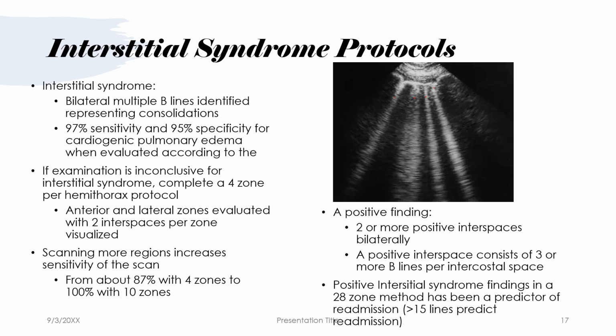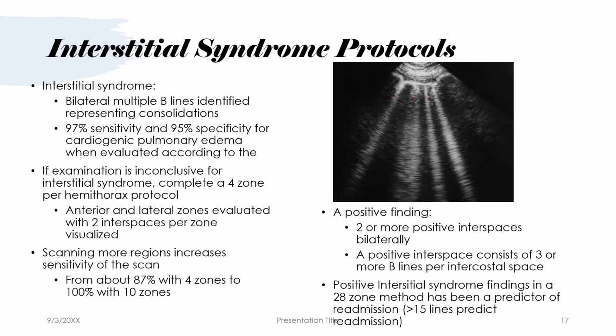The more regions that you scan, the more sensitive you are to picking something up. When you change from about an 87% sensitivity with 4 zones evaluated to 10 zones, it's almost 100% sensitivity. That just means that you're going to find smaller, more subtle findings when you're looking more frequently.